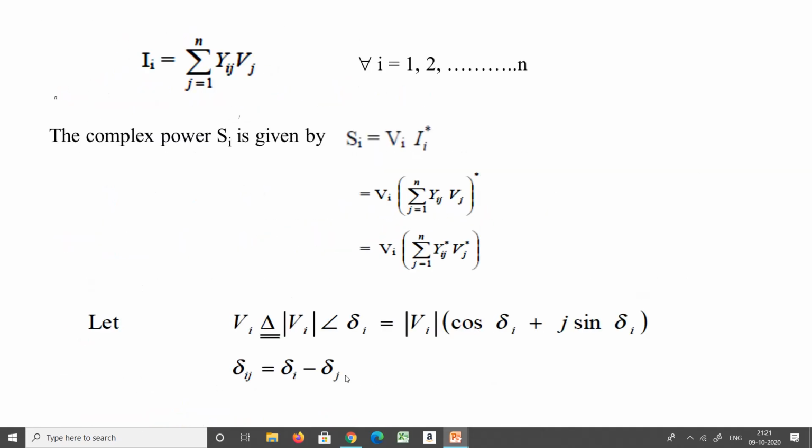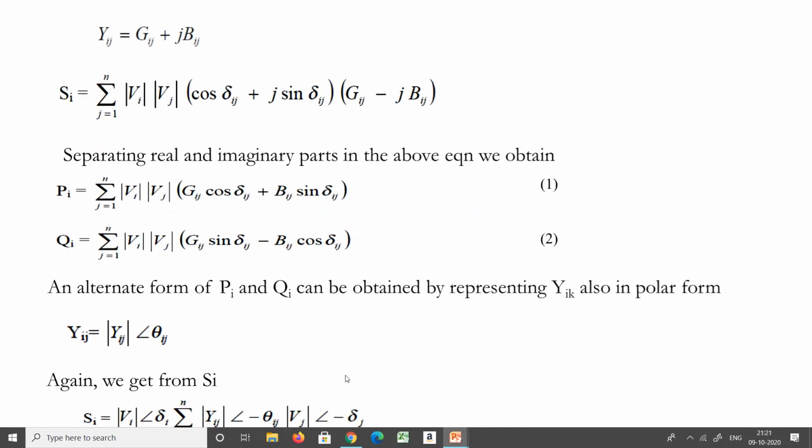So to find the admittance matrix, we have to find G plus jB, where B is the susceptance. Here we have to substitute all the values in the complex power. So we can obtain Si as the summation of j equal to 1 to n of Vi Vj into (cos delta plus j sin delta), for Yij equal to G minus jB.